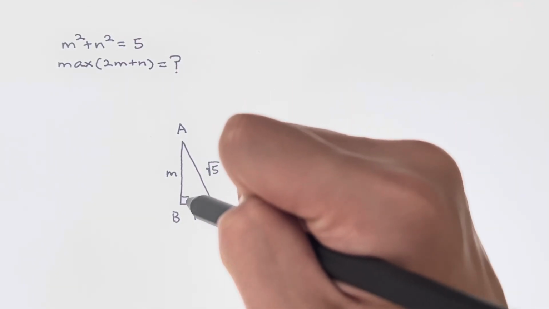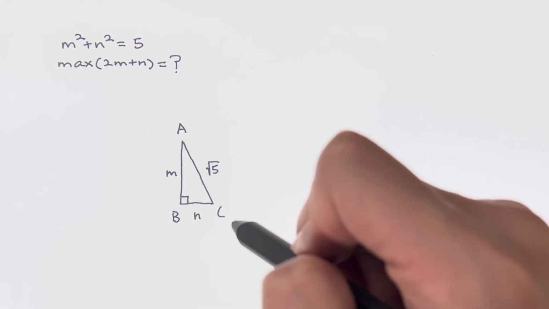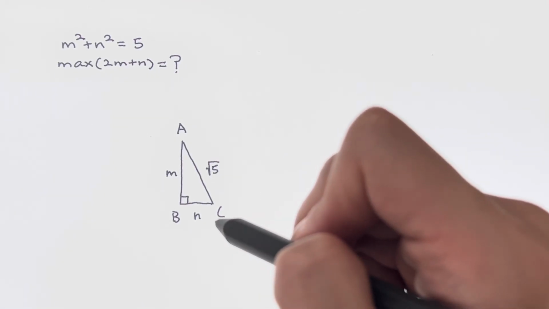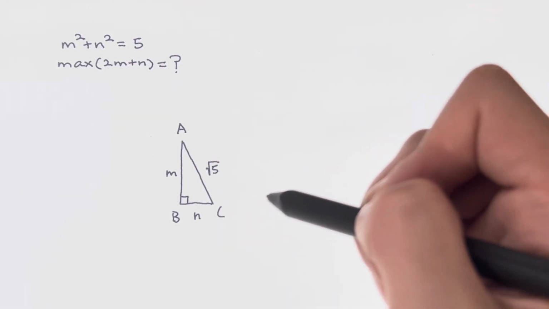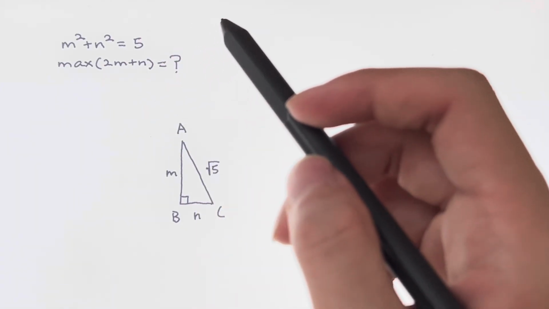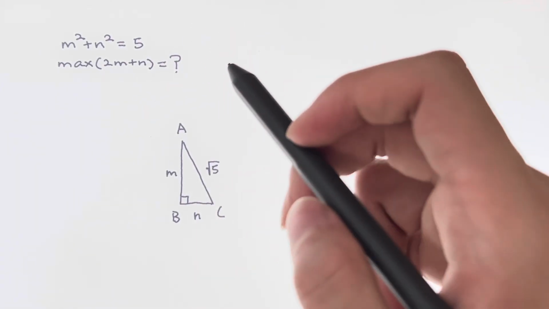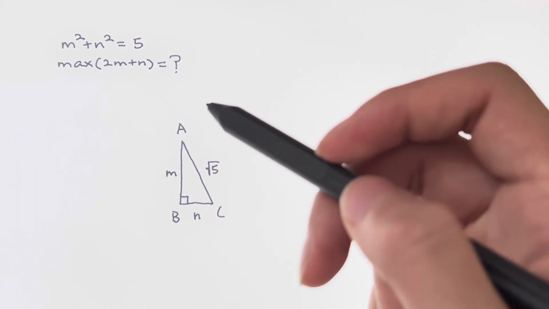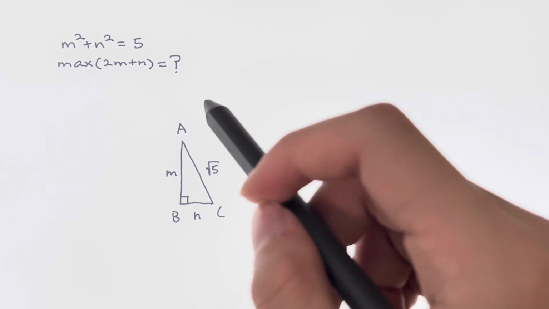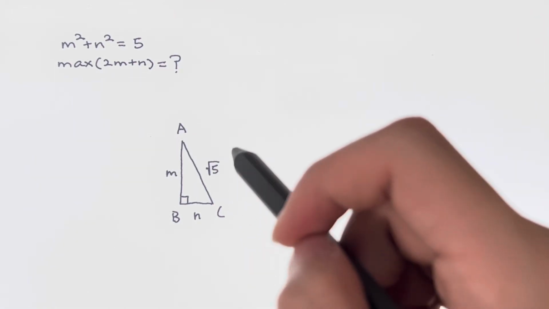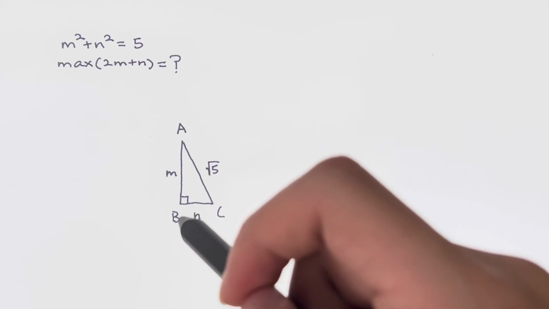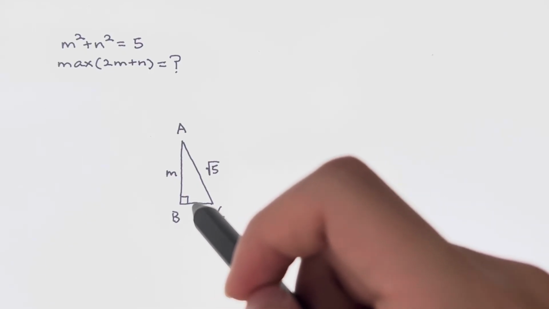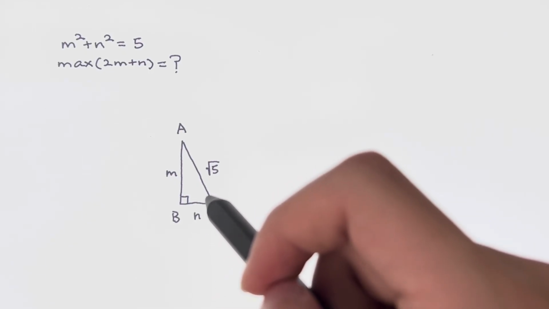And angle B is 90 degrees. Now, this is just a generic triangle, as there are infinite cases for m squared plus n squared equals 5. So, without loss of generality, we can just assume that AC here is going to be a fixed side, and angle B, which is a right angle, is going to be a moving point B.